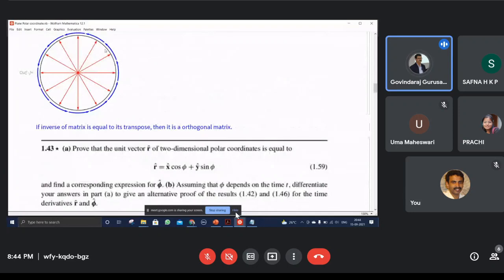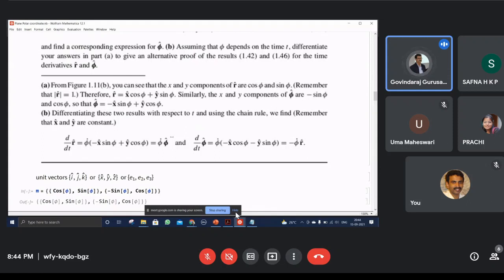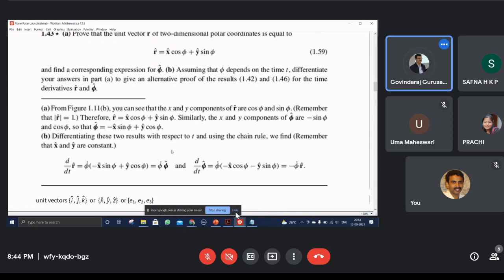You can see this magnitude is fixed, but direction changes every moment as a function of time. Therefore, this makes sense, and you keep this in your equation of motions and try to look at things. Then you will get a complete dynamics about the polar coordinates.